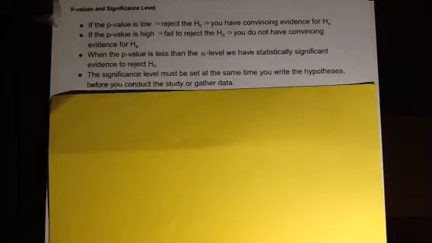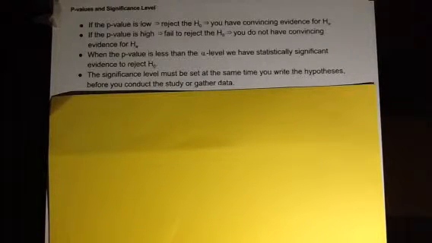Now the alpha level must be set at the same time you write the hypotheses, before you conduct the study or gather data. At the outset of this whole thing, we set up our framework. We set up our hypotheses, we set up what alpha level, what significance level we're going to be judging this against. Just like when we go to the court trial, we find out this person is being convicted of this, meaning we're trying to build evidence to prove this person is guilty on this act.